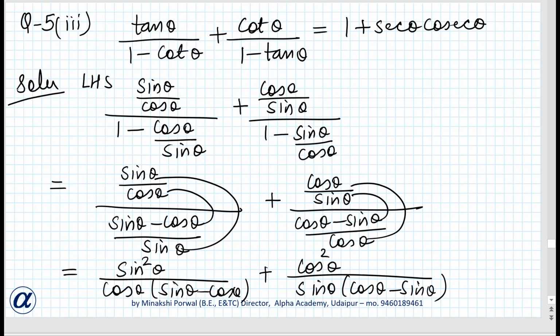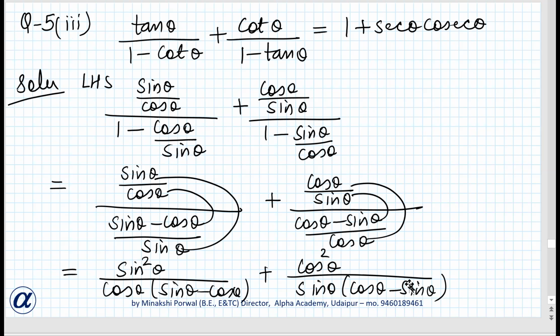Okay. Now it will be sin square theta by cos theta into sin theta minus cos theta. Here, if I take minus sign common from this cos theta minus sin theta, it will become sin theta minus cos theta. Why am I taking minus sign common?